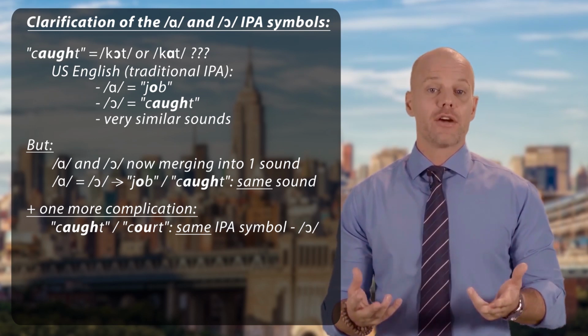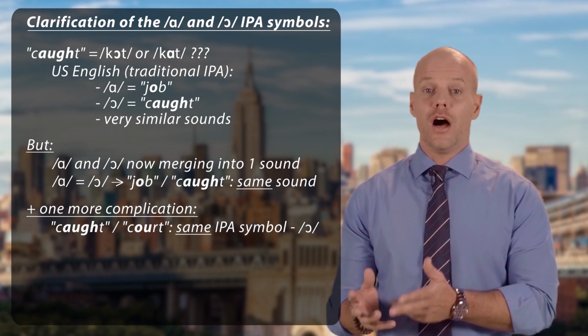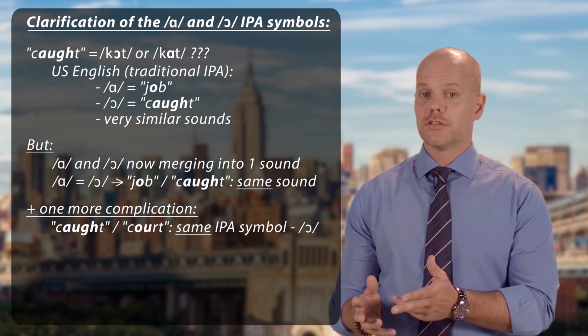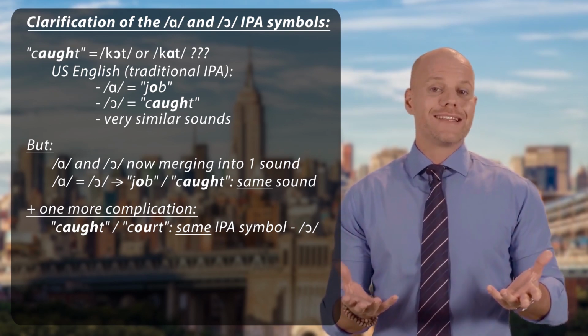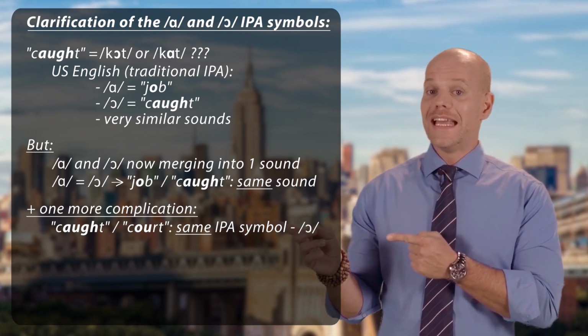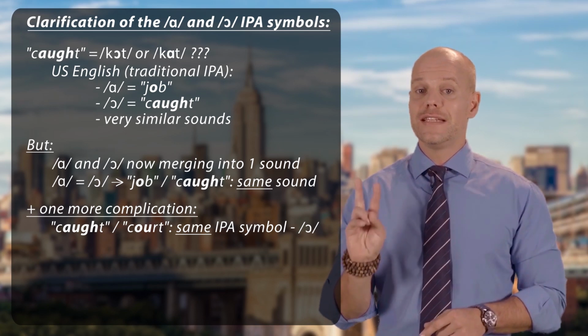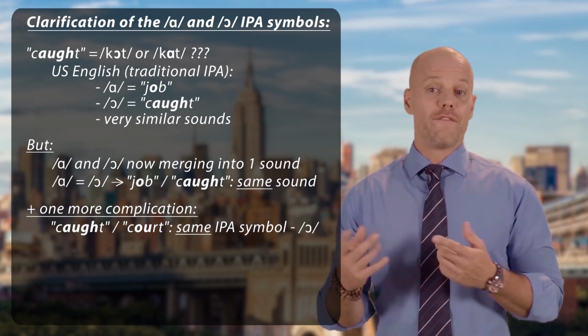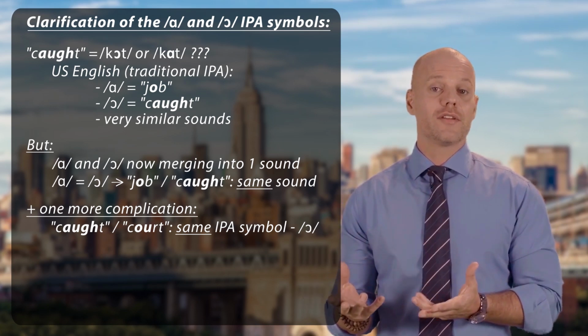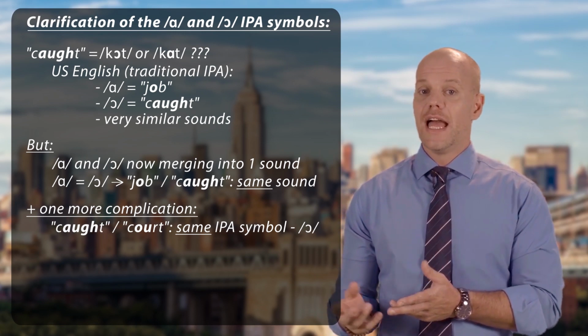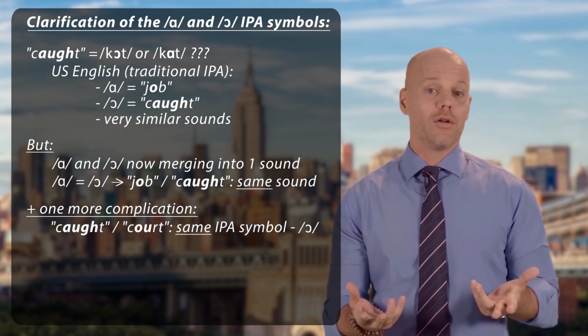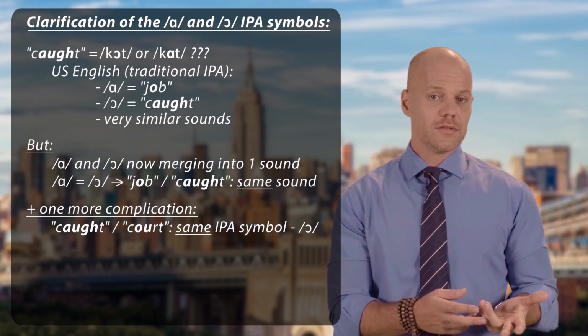And it will sound very different from the original O sound in caught. So in reality, this symbol is used in dictionaries to represent two distinct sounds. The first is the vowel sound in caught, and the second is the vowel in court.